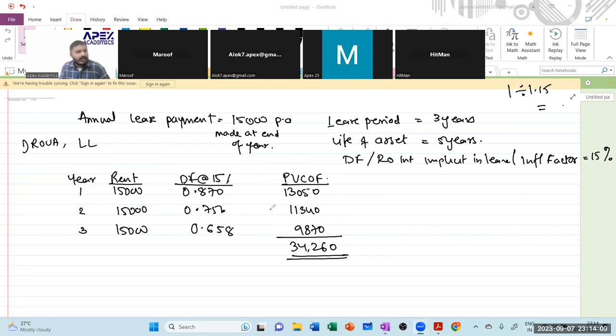If you have done a different calculation, maybe it is because of the decimals that are being rounded off. Don't worry about that.